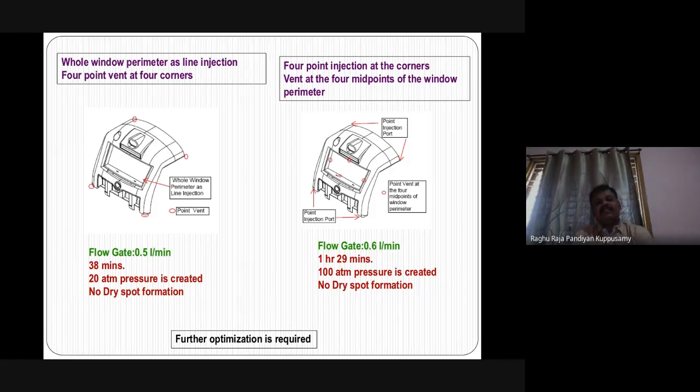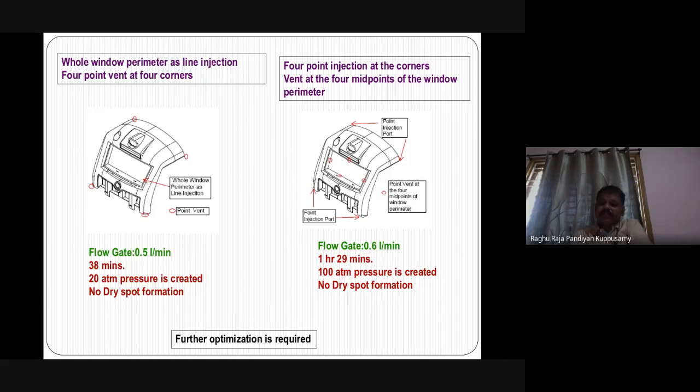In this case, the mold fill time has come down, but the pressure created for 0.5 liters per minute is 20 atmospheres, which is not good for mold design. In the next example, a flow gate of 0.6 liter per minute is used with 4 point injection at the corners and the window perimeter used as the vent. In this case also you have a lesser mold fill time, but 100 atmospheres of pressure is created.